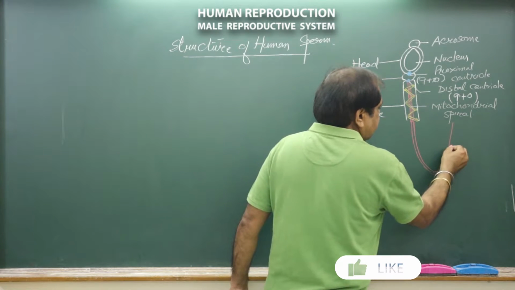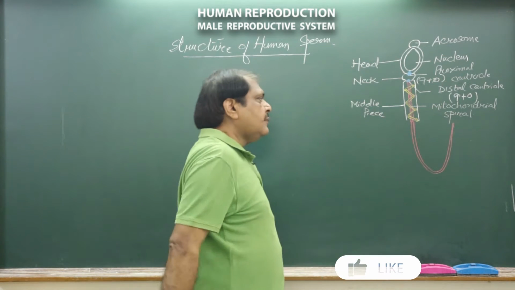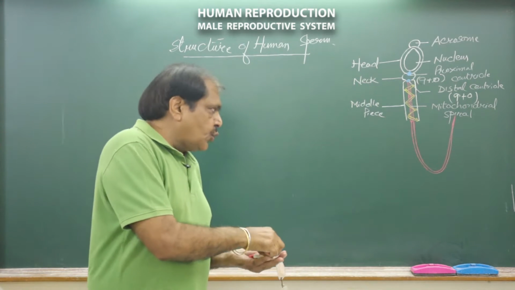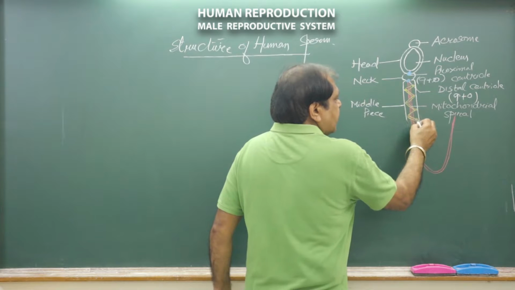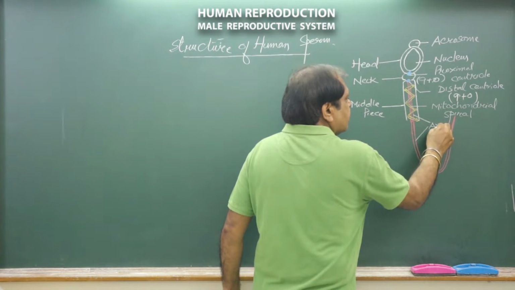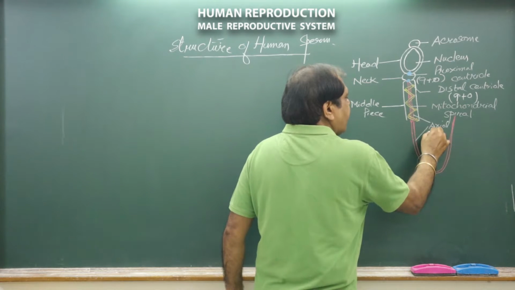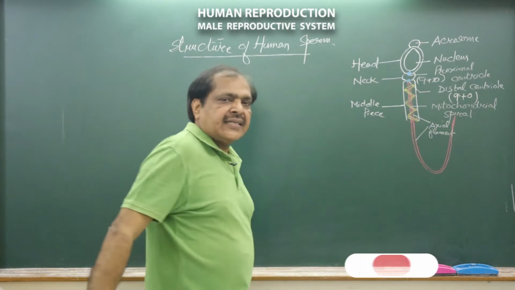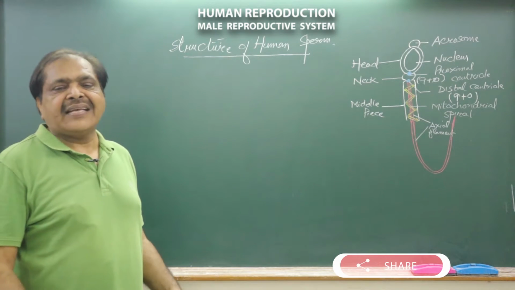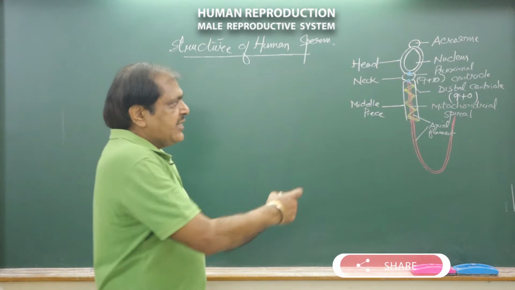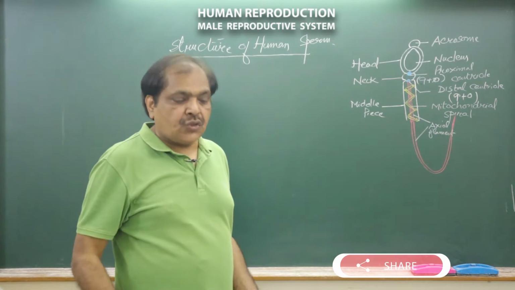This is known as the axial filament. Axial filament is present in the tail, that is the flagellum of the tail, and it is present in the middle piece also.